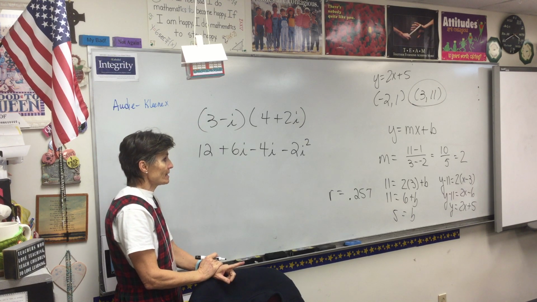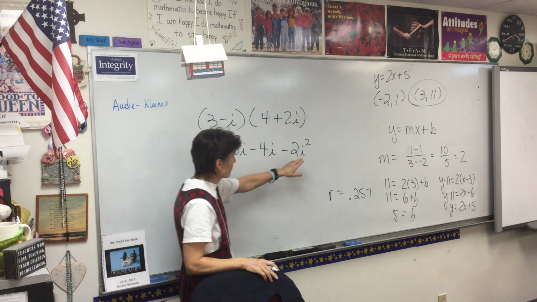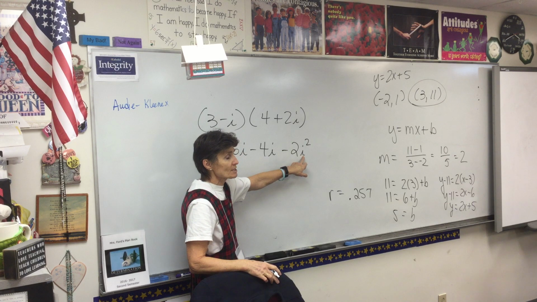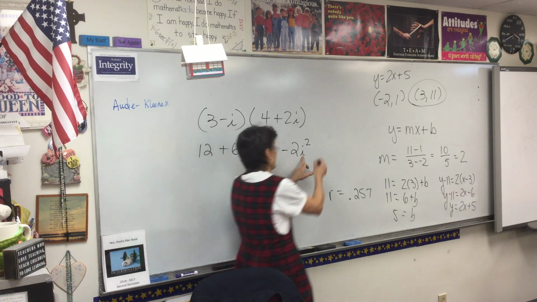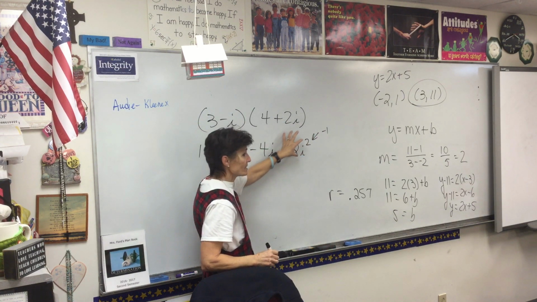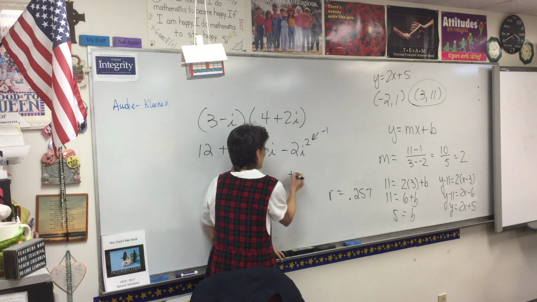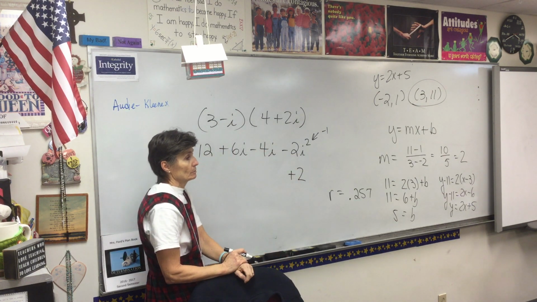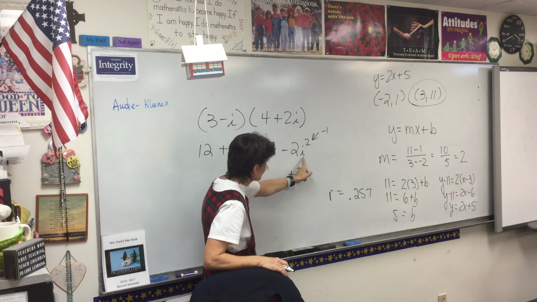Now it gets a little second year algebra because you have to remember what about i squared? That's negative 1. i squared is negative 1. So this is really plus 2, because it's negative 2 times negative 1.